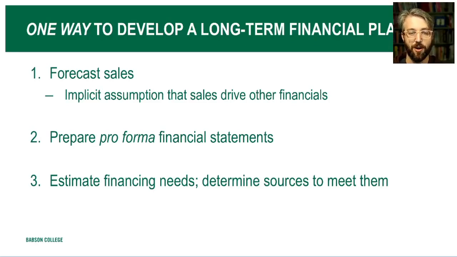To the degree that our pro forma balance sheet forecast doesn't actually balance, that's going to relate to the fact that the firm either needs to raise additional financing if our asset forecast is larger than our liability plus equity forecasts, or has excess financing available if the asset forecast is below the liability plus equity forecasts, in which case the financing needs we would sometimes refer to as being negative.